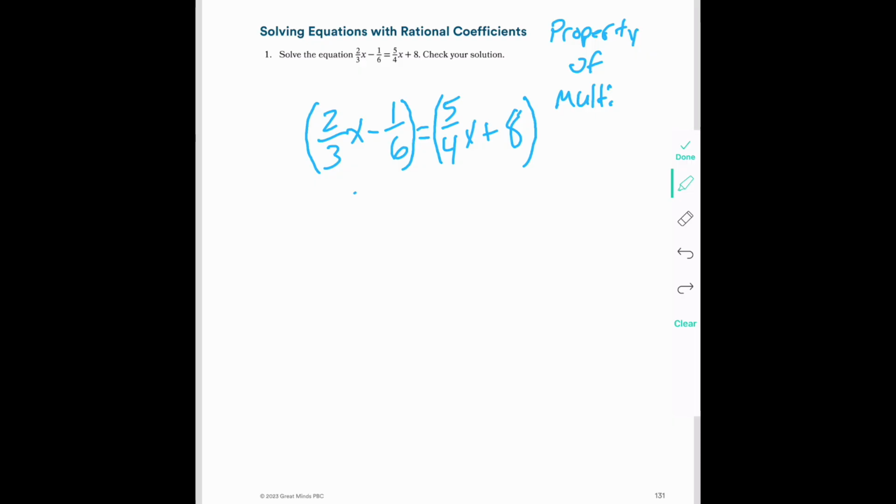The way you decide on the number that you choose to multiply the entire side by is you look at the denominator of each fraction and you try to find the greatest common factor between all of the numbers. So we have three fractions.